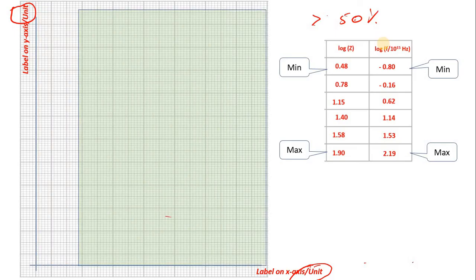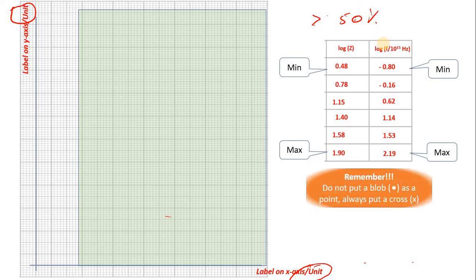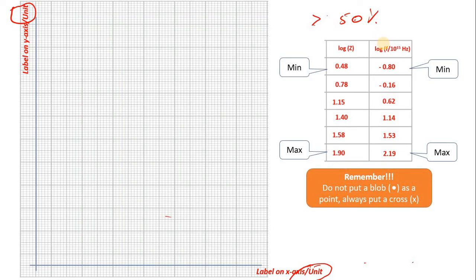So if you cover this region by more than 50%, then it will be acceptable. Less than this, you will lose 1 mark. Another important point: please do not put a dot, which we call a blob, for the point on the graph, meaning you do not do this. This is wrong.